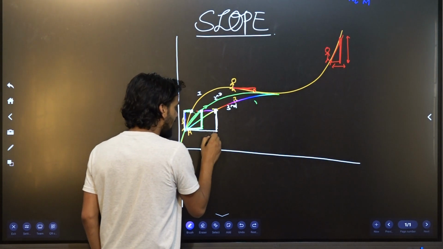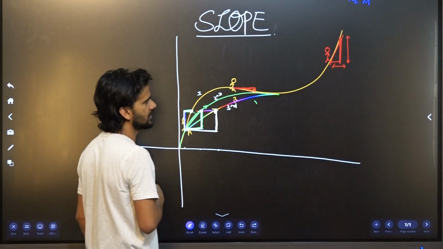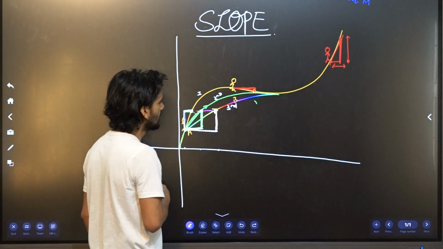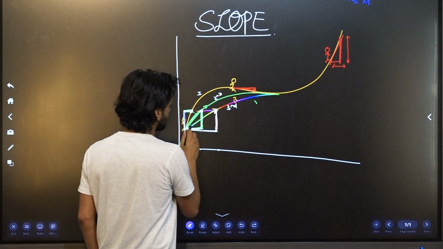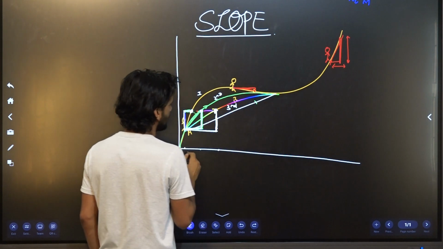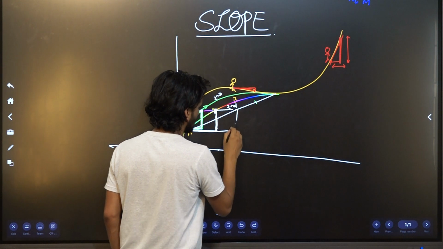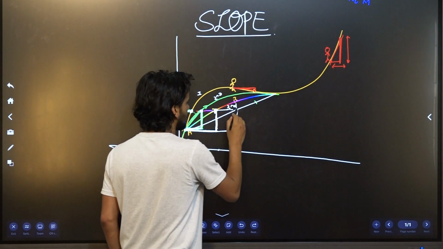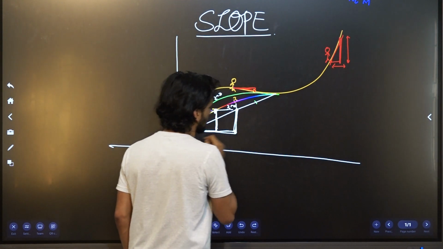And if I take another path, a straight one, I'm covering even more horizontal distance for the same vertical distance.